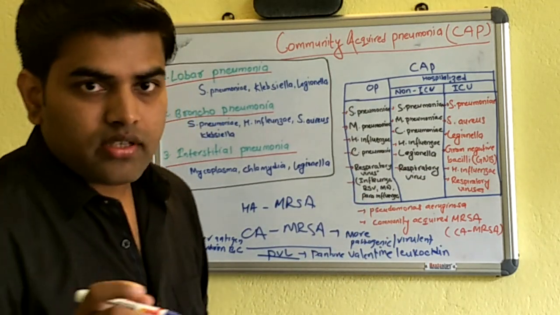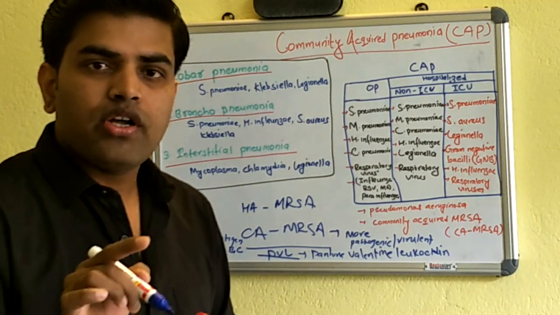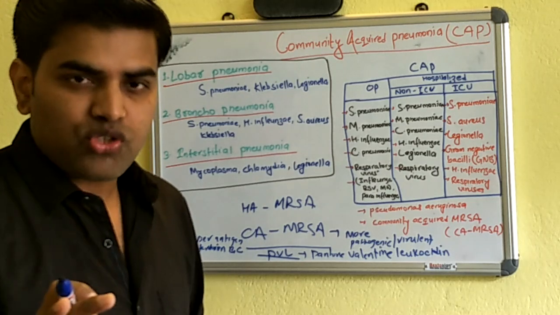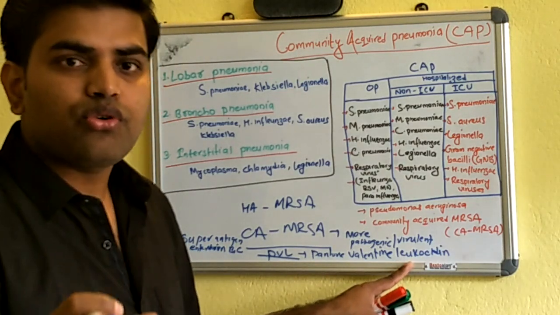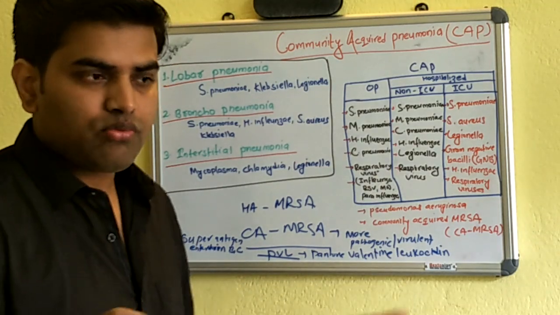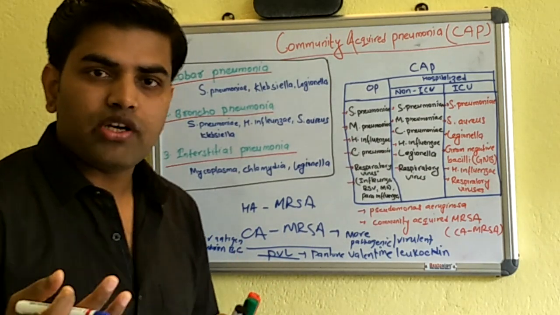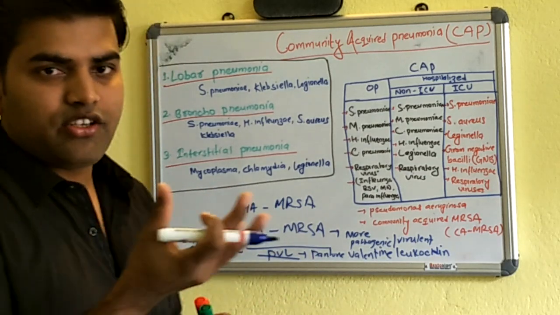This is a toxin. It has the special characteristic of damaging neutrophils, macrophages, and monocytes. So it is leukocidin, that is, it lyses your defense cells, the phagocytic cells. Suppose anybody has an infection in any part of the body, neutrophils and macrophages come and play a role to manage that infection.